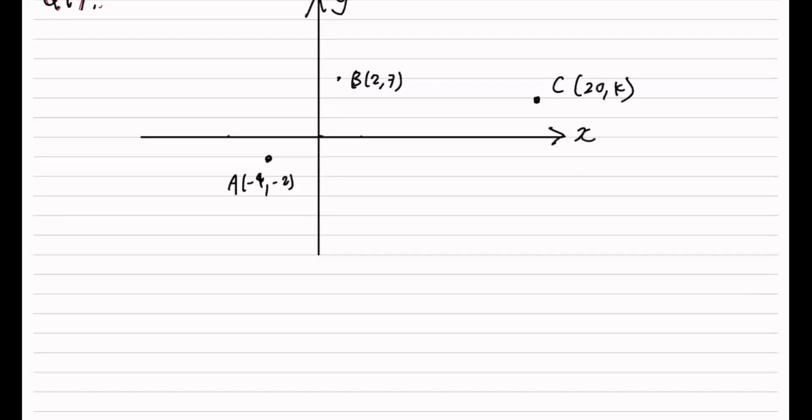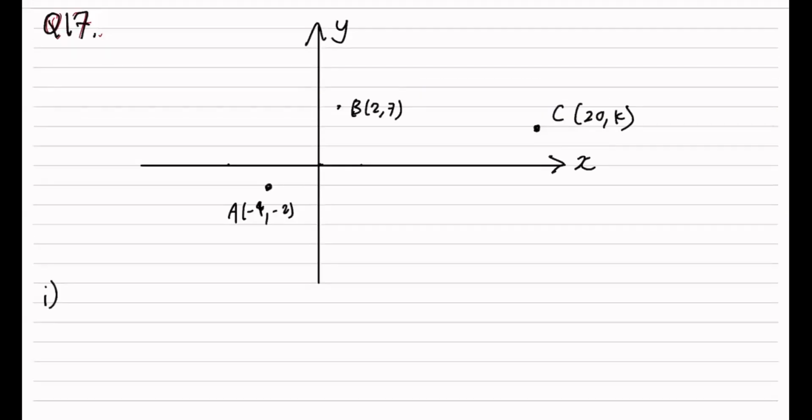So now for part 1, they're asking you to find the value of, oh, right, the triangle. I should draw the triangle. May have to change later. So part 1 is asking us to find the value of k if triangle ABC has a right angle at angle B. So 90 degrees here. So how?